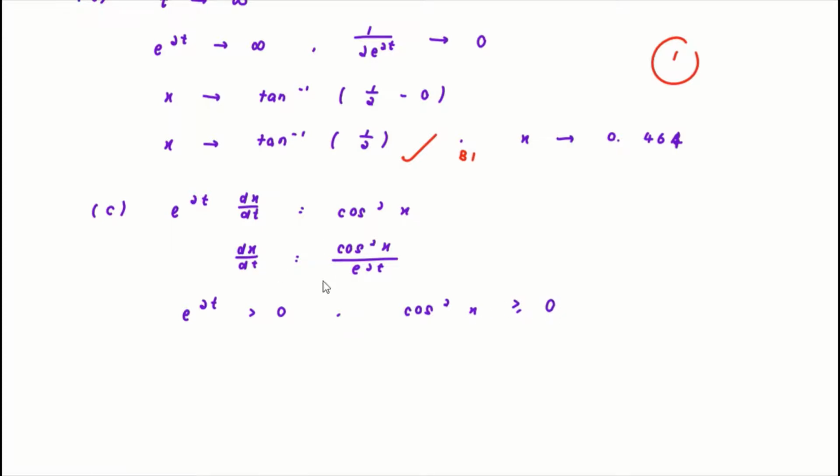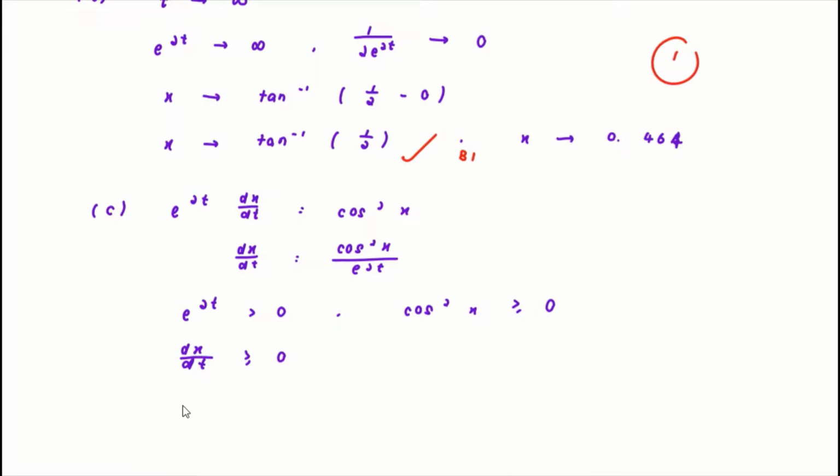So when you divide a number that's greater than or equal to 0 by a number that's greater than 0, you should get a number that is always positive as well.